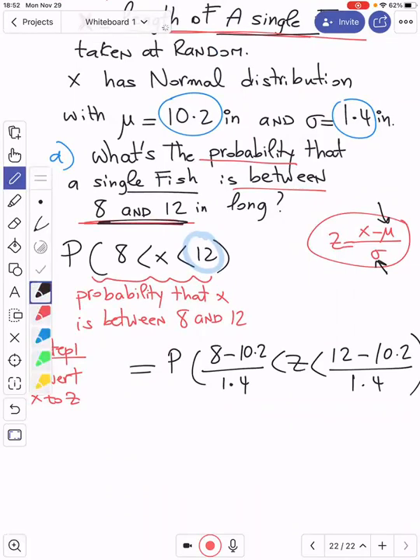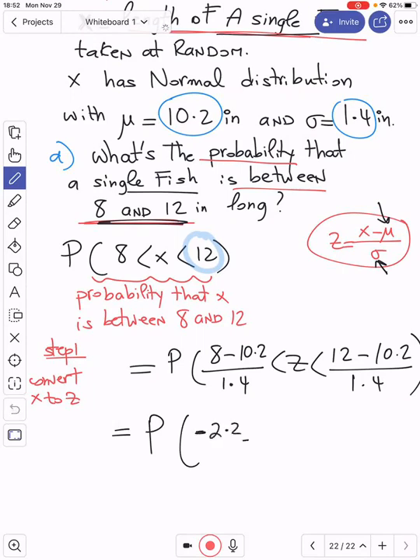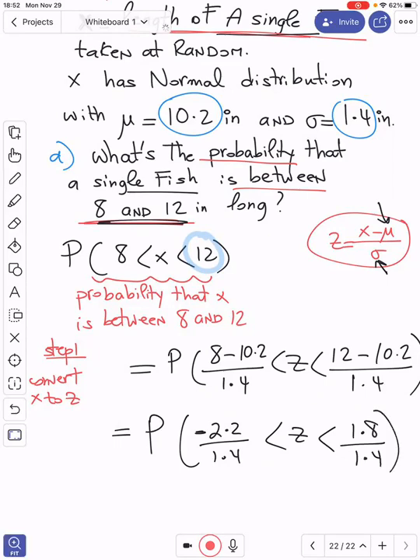And so then you have this probability. So 8 minus 10.2 is minus 2.2 over 1.4, less than Z, less than 12 minus 10.2, that's 1.8 over 1.4. Right, then you divide.